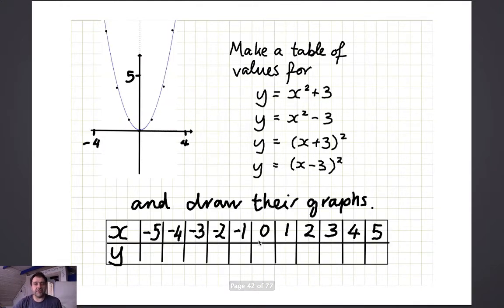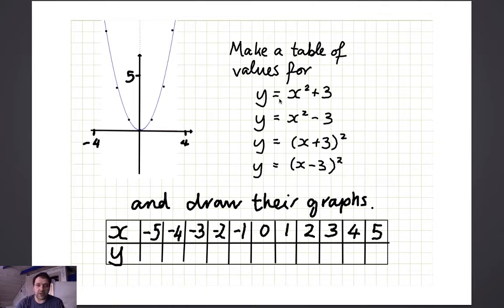So the first thing that we had to do was to make tables of values for y equals x squared plus 3, y equals x squared minus 3, y equals x plus 3 in brackets first and then square the answer to that, and y equals x minus 3 in brackets first and then square the answer to that.